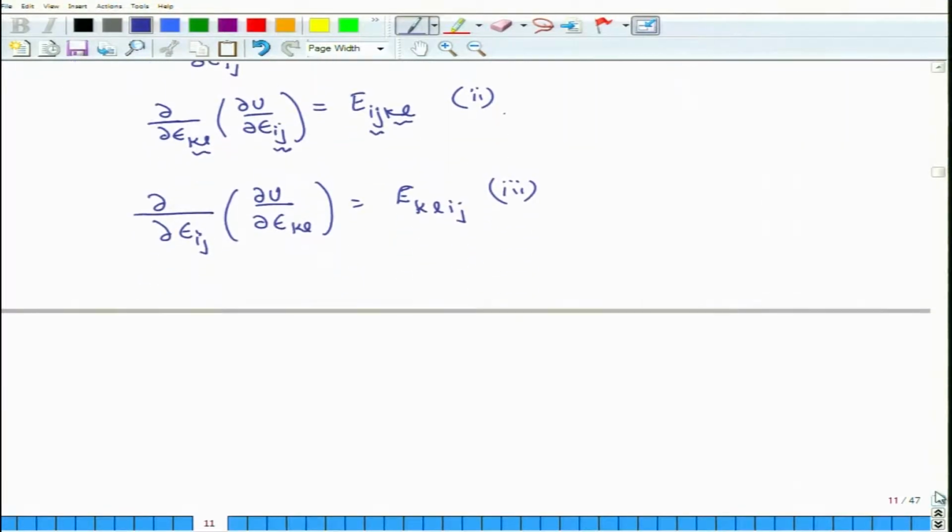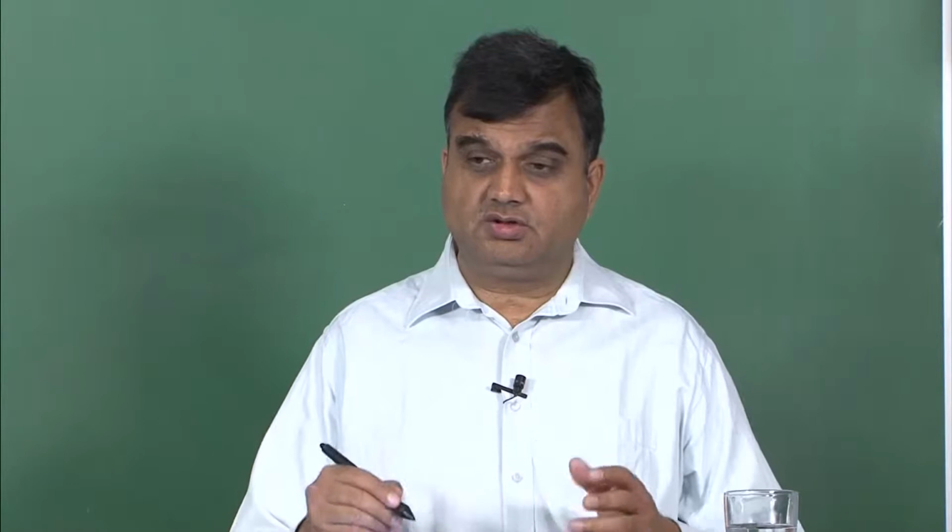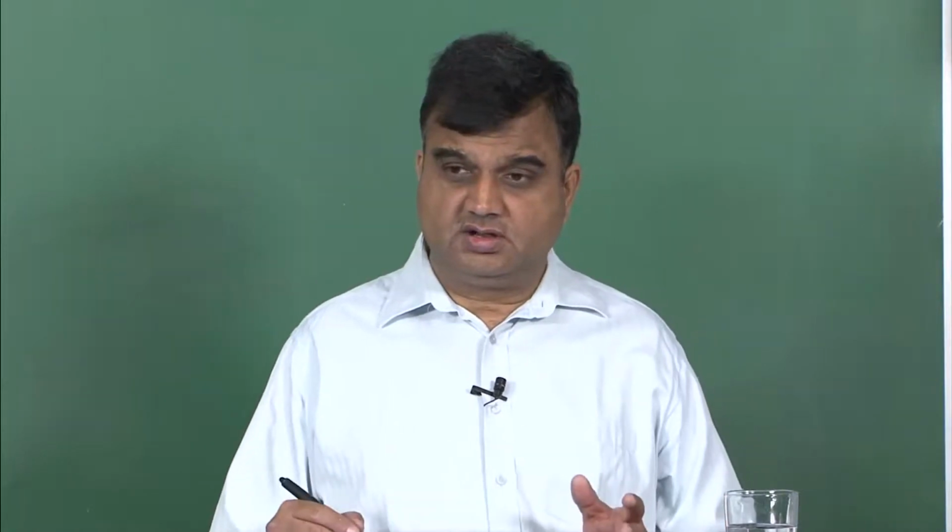When we look at these two equations, we see that the LHS of 2 and 3 is same. It is same in most of the situations because u is, from a mathematical standpoint, we assume that it is a continuous differentiable function of strain.